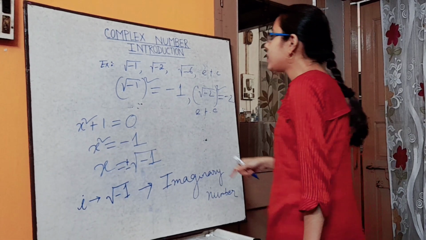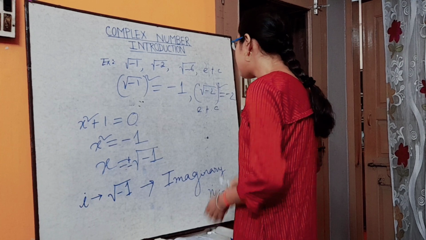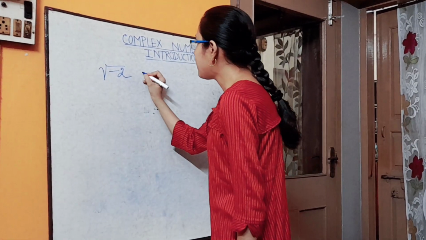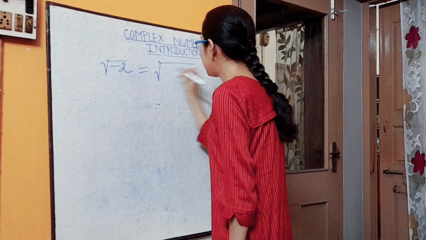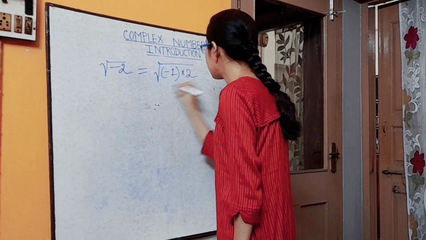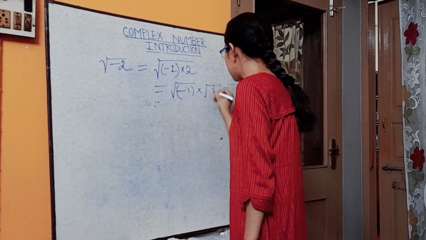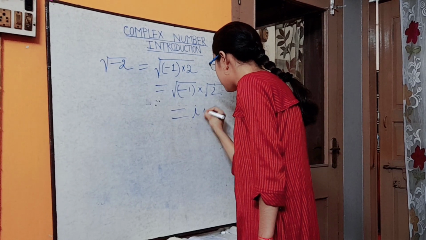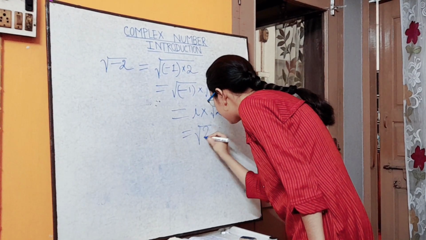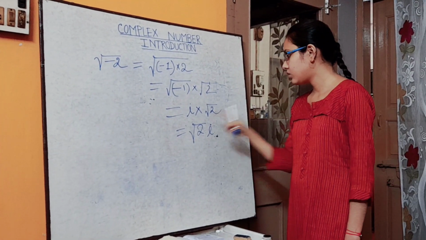So if we write these numbers in imaginary form, then root over -2 can be written as root over 2 iota or root over 2 i.